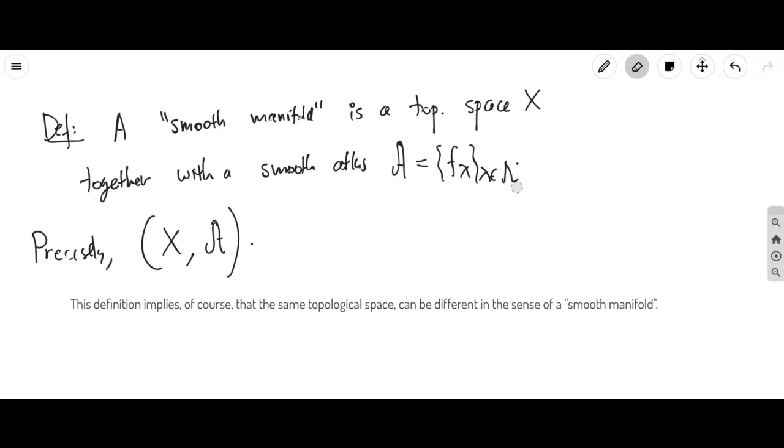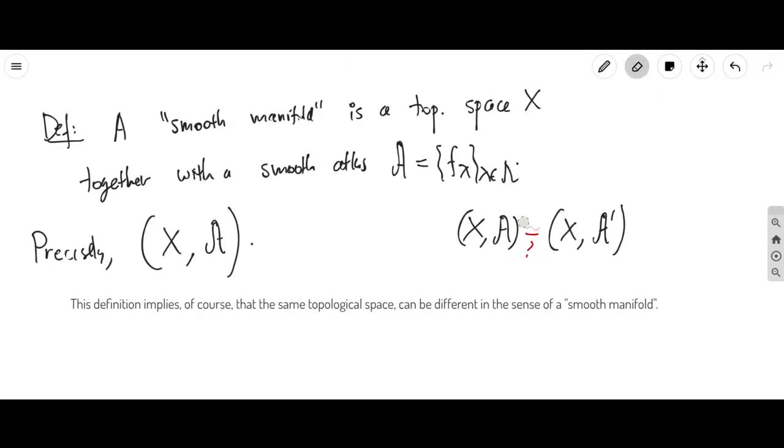So you can have the same space X with a smooth atlas, and then the exact same space with a different smooth atlas. They're going to be different, of course, but then you can ask the question of equivalence. Maybe there's a way of treating two different smooth atlases as being the same in some kind of sense. And we'll say something about that.